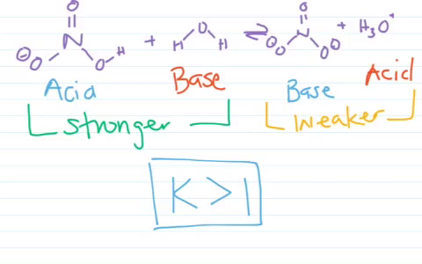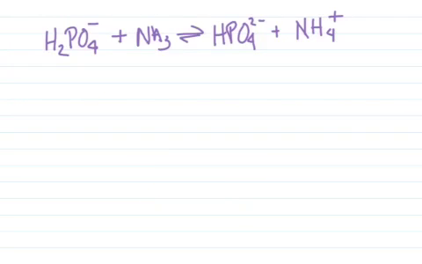Let's do another example. First thing we're going to do is identify which ones are acids and which ones are bases. If we look at our molecule here and our molecule here, we notice that a hydrogen, or proton, was donated. So that means this molecule is our acid, and we're going to label it.